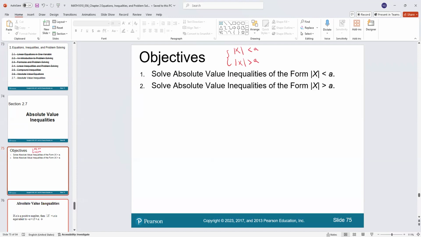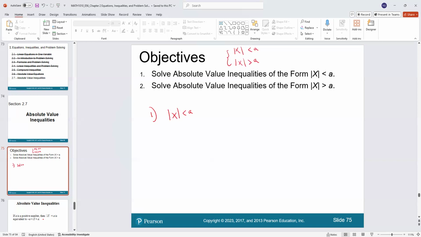Let's start with absolute value of x less than a. Remember, with absolute value we expect the answer to always be positive, but because it's a combination of absolute value and inequalities, we can assess it like this.